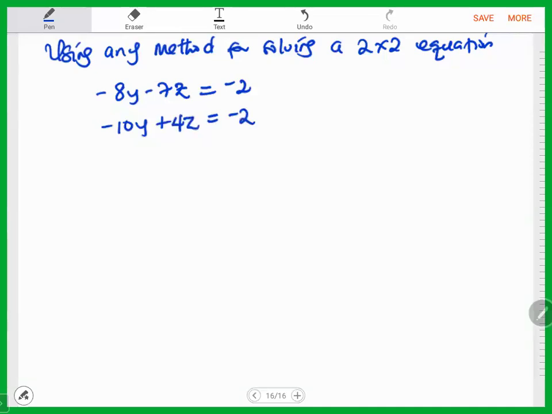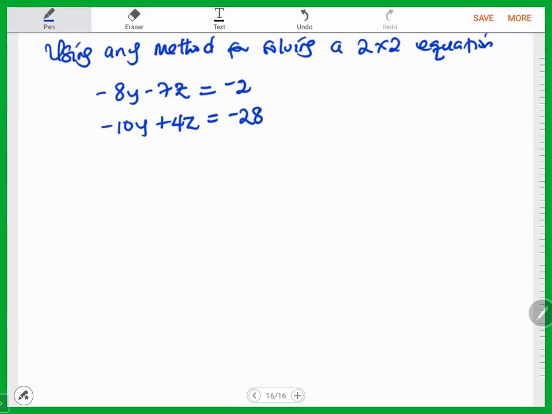Which method should we use here? Which one do you prefer? Which is easy? I think we use graphical method.